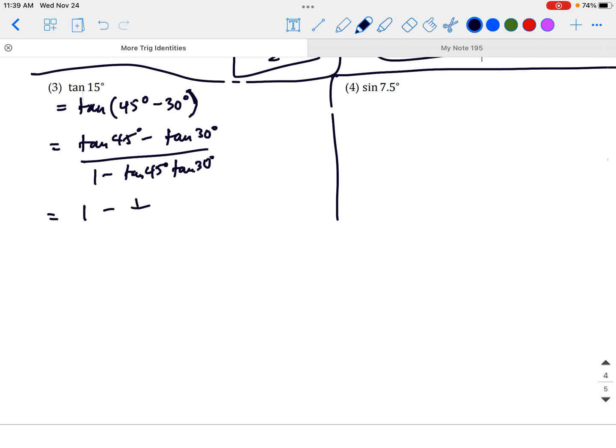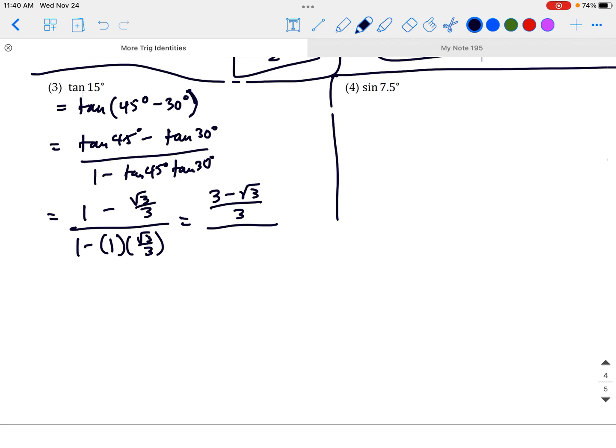So that's going to give us 1 minus 1 over rad 3, which we can write as rad 3 over 3, all over 1 minus 1 times rad 3 over 3. And then we just need to simplify a little bit. So 1 is 3 over 3. So we'll get 3 minus rad 3 over 3.